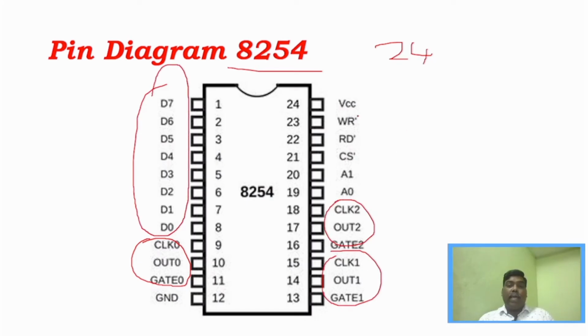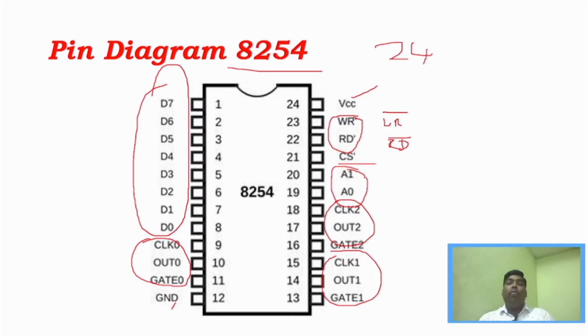And we have read, write, control logic, as well as chip select, and we know the importance of A0, A1, right? And all these read, write signals can be active only if there is a low signal, right? And apart from this, we have VCC and ground. So we have explained all these pins in this 8254, right?